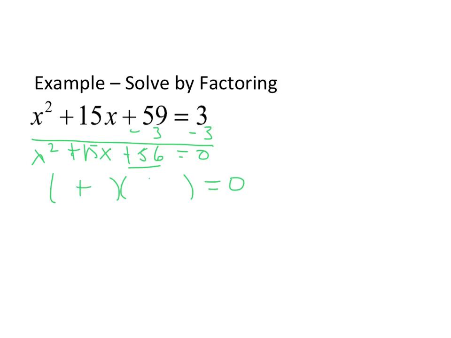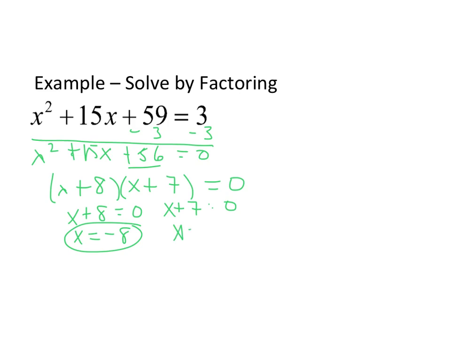Factors of 56 that add to give me the middle 15 are 8 and 7. So now we're able to set each of these expressions equal to 0. So our solutions are x equals -8 and x equals -7.